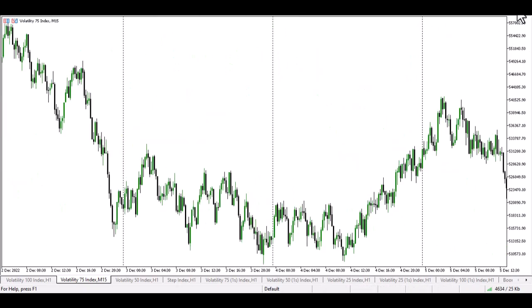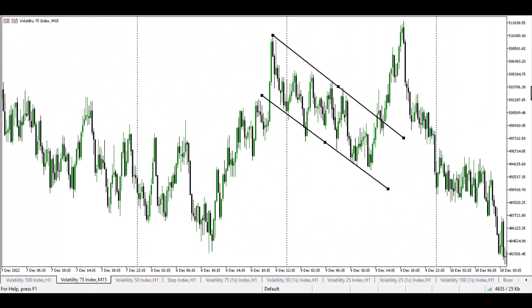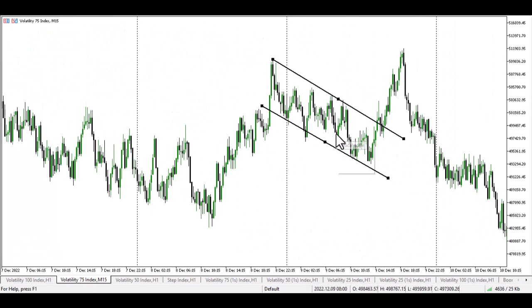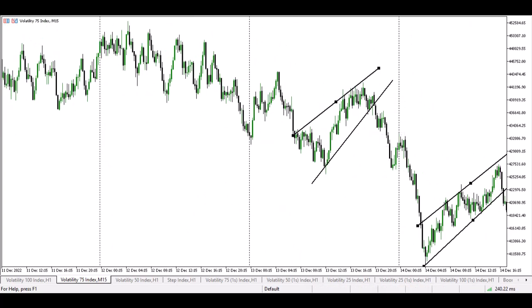Right, so if you come here, this is the V75 chart, on the M15 time frame. What we are looking at is this particular pattern that you see here. This is not what we want to be trading, but I want you to see the makeup of the pattern. We have A, we have B that is marked, and we have C. This is exactly what we will be looking for.